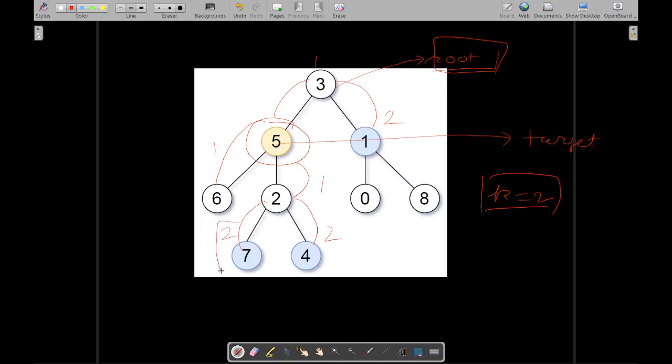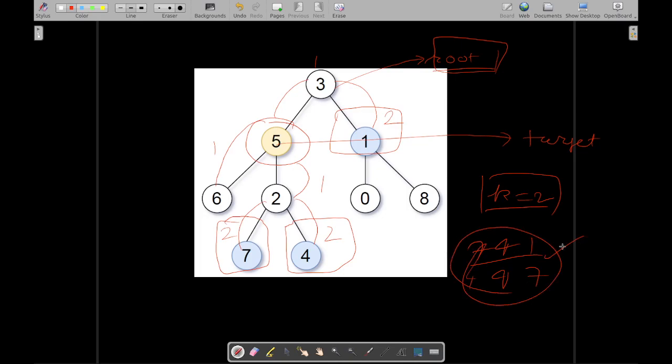So you can also see that these k distance nodes are marked blue in the sample test case. So these are what we are required to return as an answer, and the order doesn't matter. You can return 7, 4, 1 or 1, 4, 7 or in any particular order you may like.